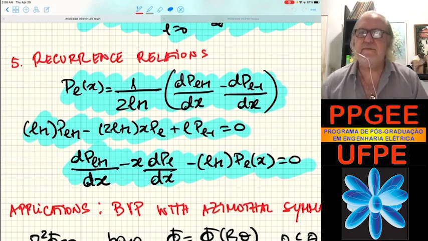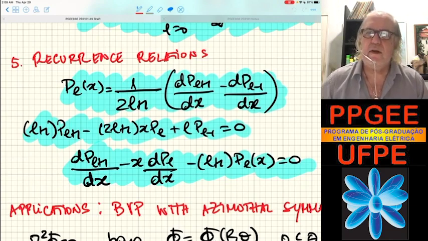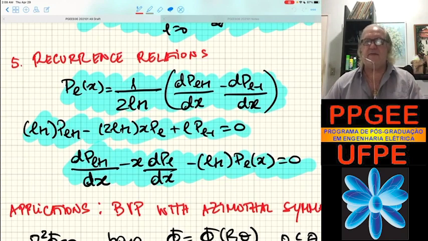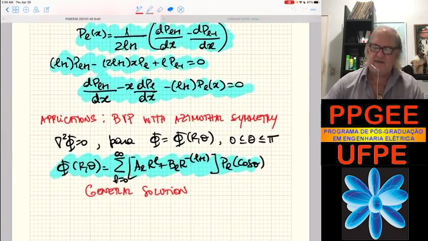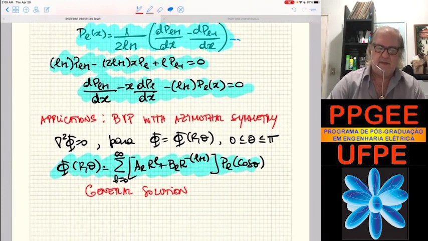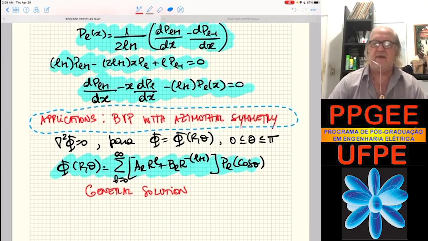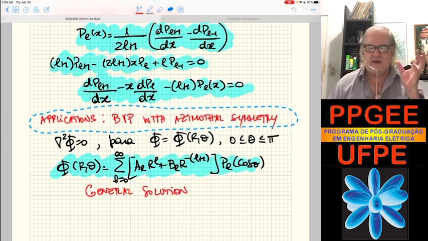So, in summary, we have the general properties of the functions. We understand how they are. So let's see a solution of a boundary value problem having azimuthal symmetry. The solution is going to be cast as the product of a radial term, right?